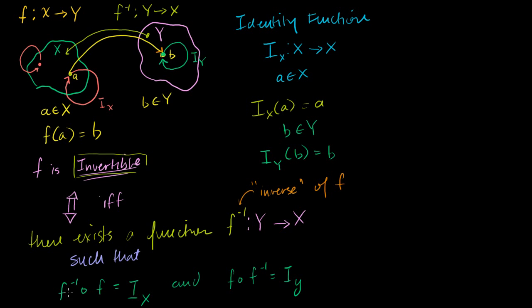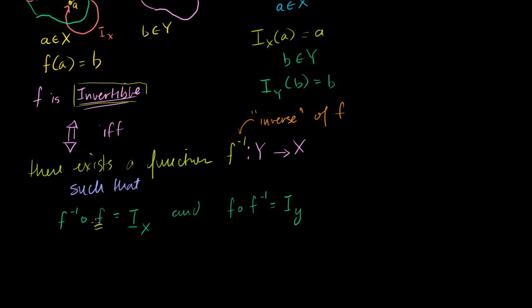It's saying that the composition of f inverse with f has to be equal to the identity function. So essentially it's saying if I apply f to some value in x, right? If you think about what this composition is doing, this guy is going from x to y, and then this guy goes from y to x, right?